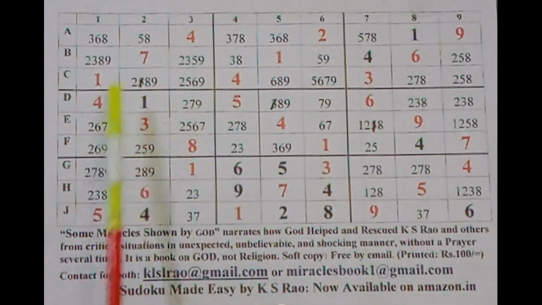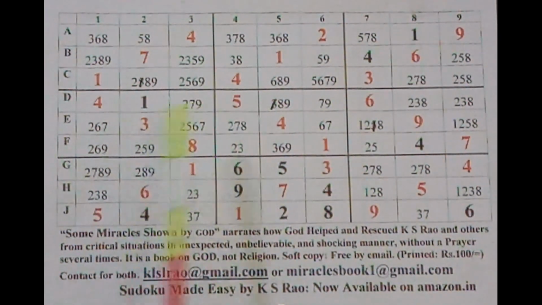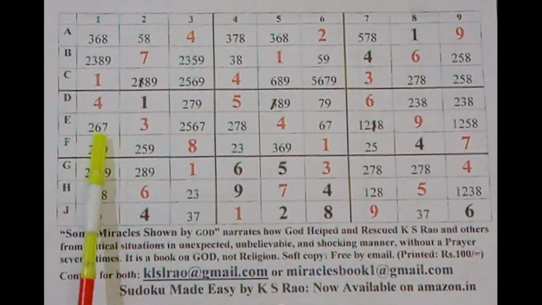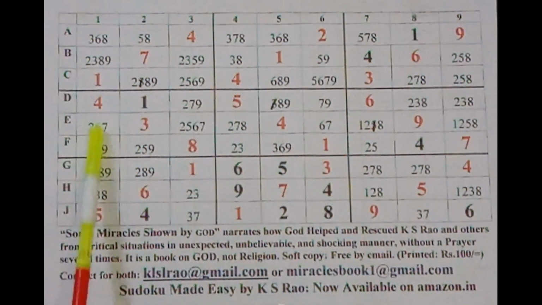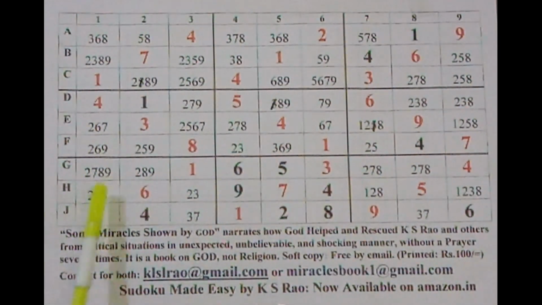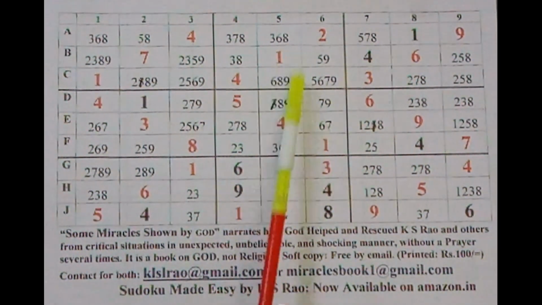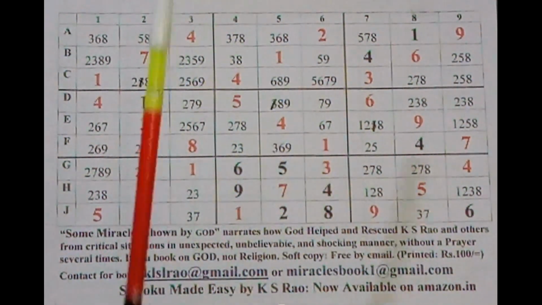Therefore, we come to here, this 6 gets deleted because between this 6 and this 6 gets deleted. And another thing is this 6, C5, it is lying between this 6 and this 6.